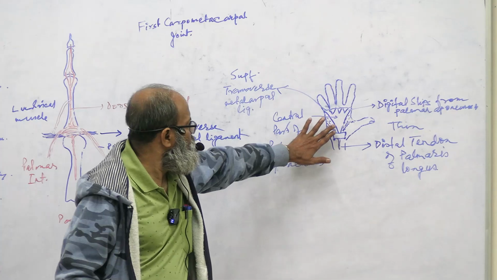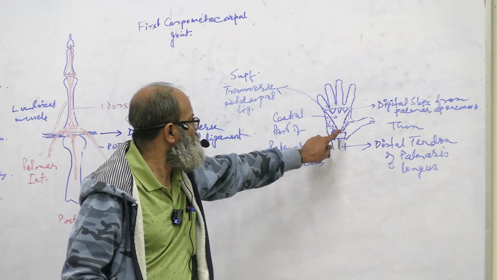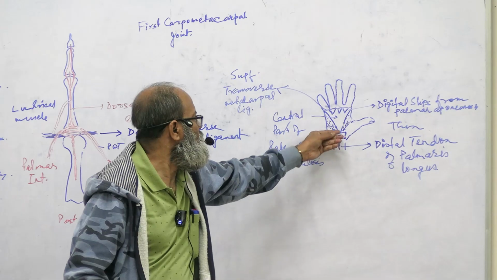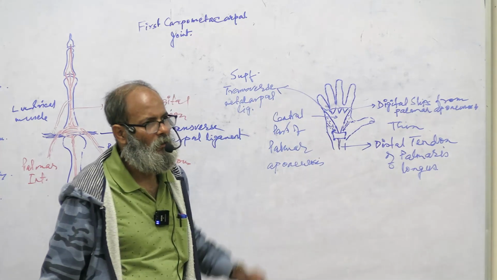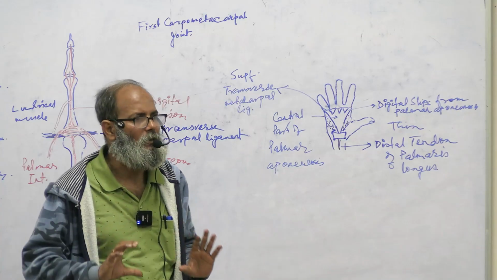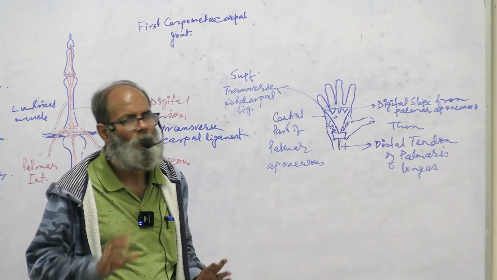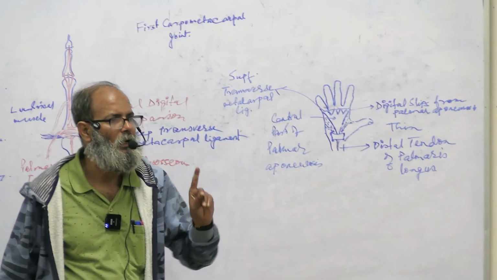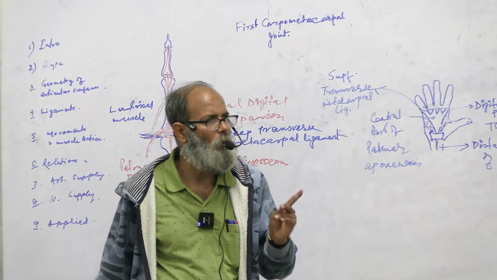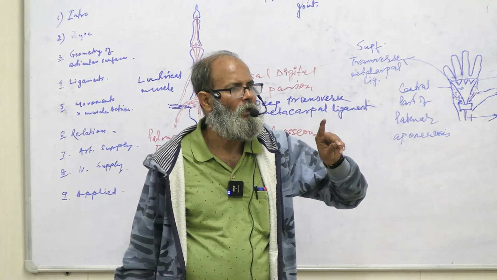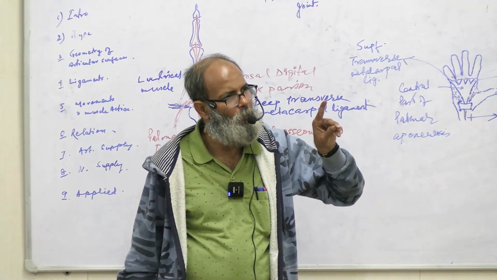Now, if you lift up this palmar aponeurosis, you just cut it from here and reflect it distally. What will you find? You will find layers. At the first layer, you will find the superficial palmar arch and the digital branches of the median nerve and the branches from the superficial palmar arch.